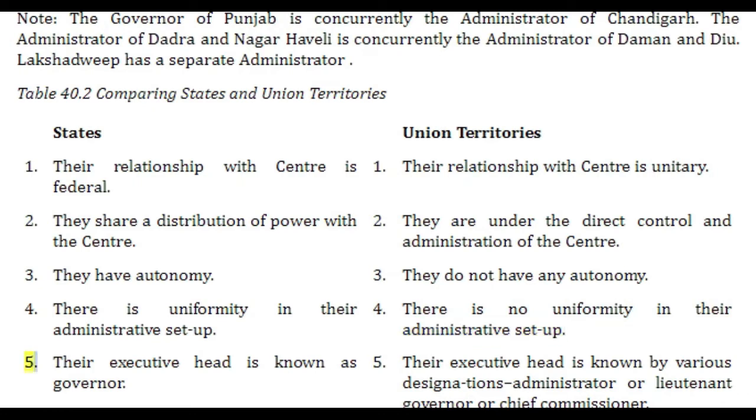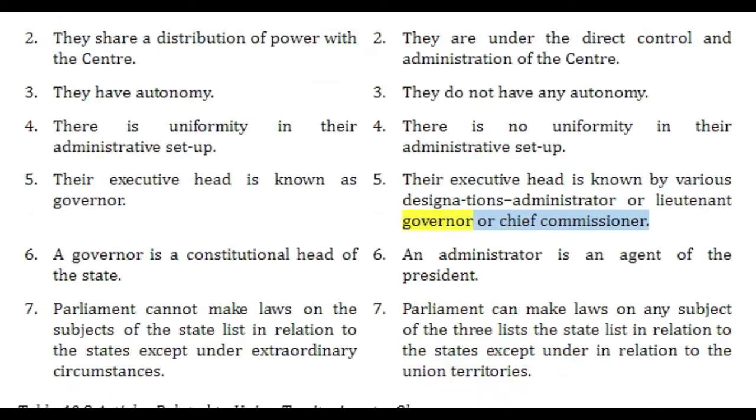5. Their executive head is known as governor. 5. Their executive head is known by various designations, administrator or lieutenant governor or chief commissioner. 6. A governor is a constitutional head of the state. 6.